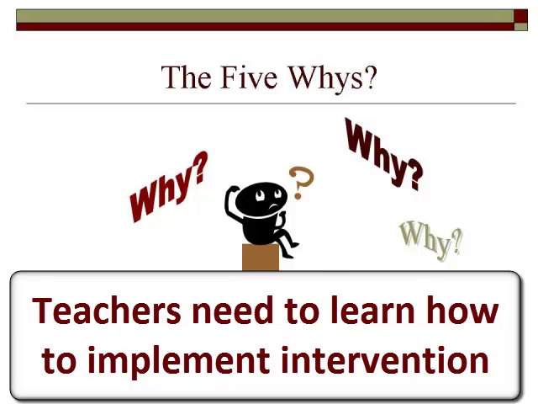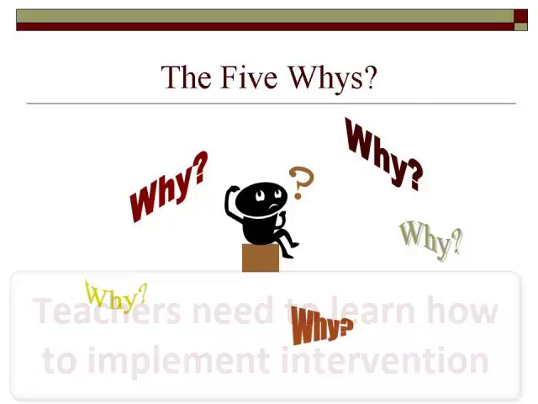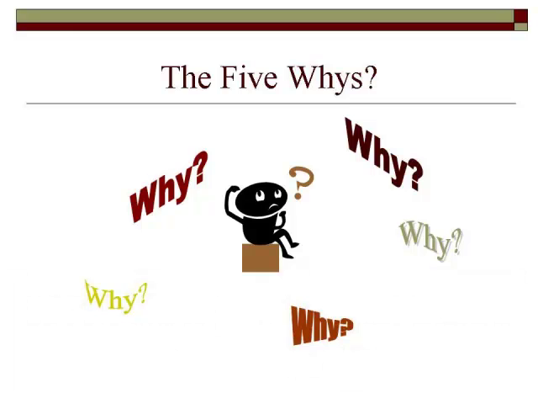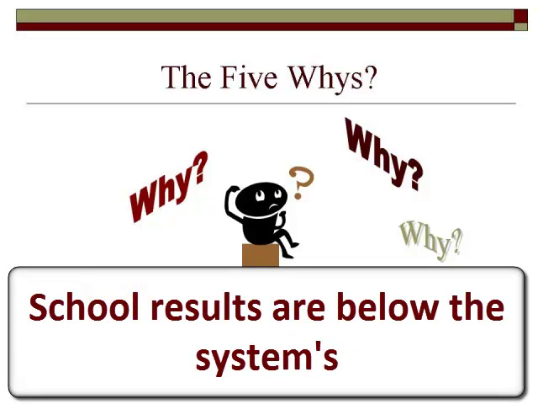Then ask, why is that important? You might answer because 30% of your students are not doing well in reading based on EOG results. Then ask, why is that important? You might say because your school is not doing well as the system overall. Then ask, why is that important?